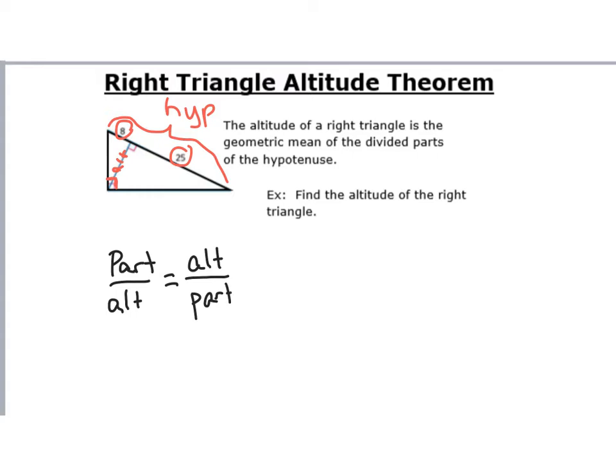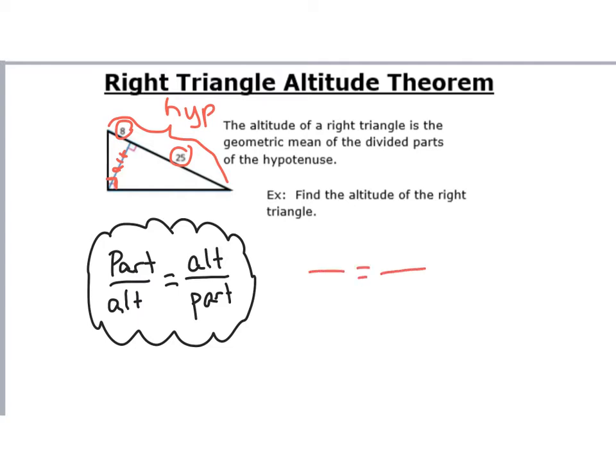So that's the formula that we use when we're working with an altitude and the hypotenuse. If I want to actually solve this and find its altitude, I'm going to start making my proportion. The altitude, which I don't know, I can call x, is the geometric mean between 8 and 25.